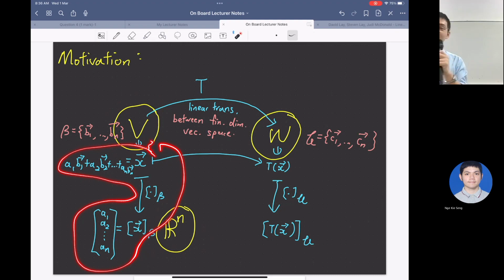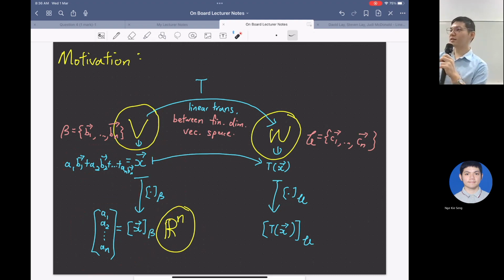This is one of the good things about abstraction. I use one word to describe so many processes.